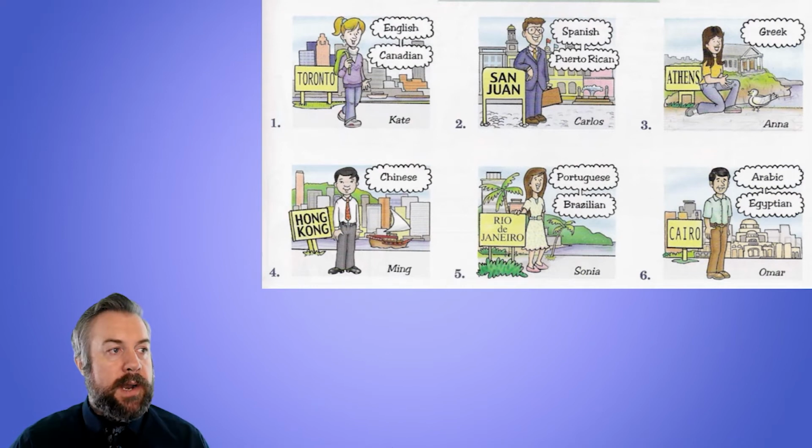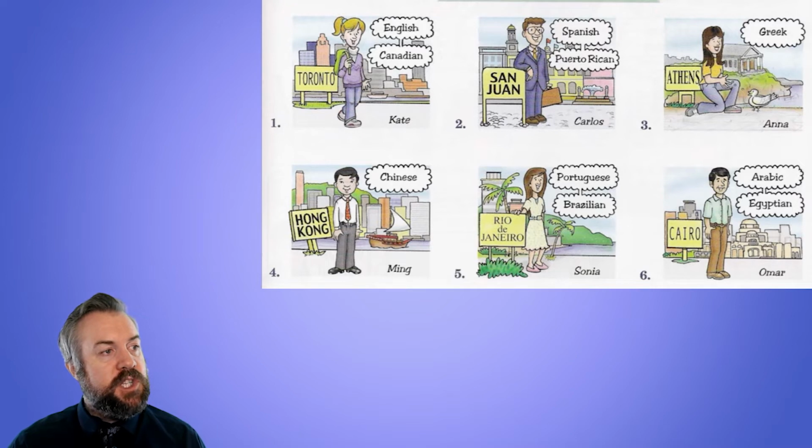So number 1, what is her name? Her name is Kate. Where does she live? She lives in Toronto. What language does she speak?